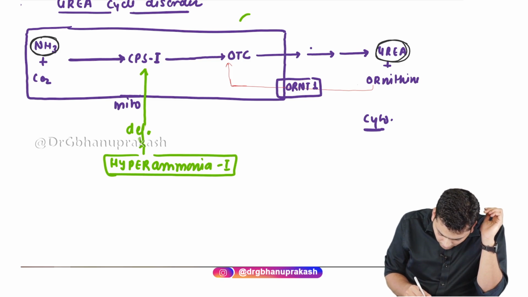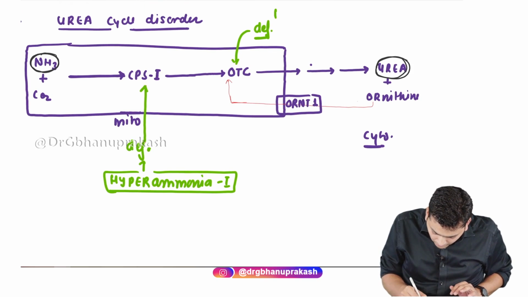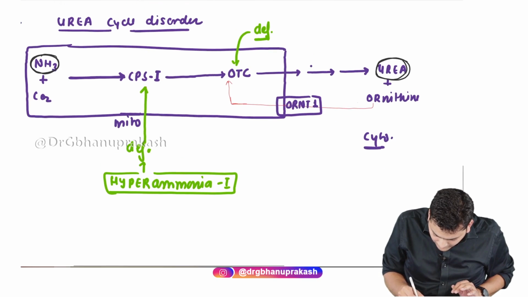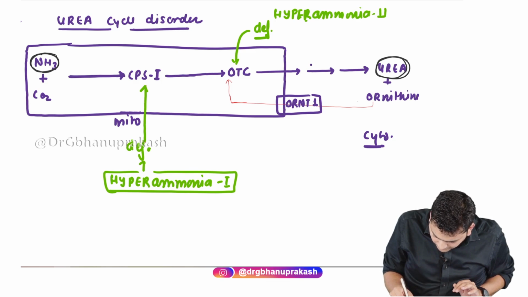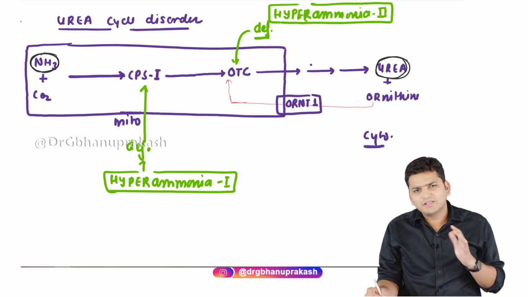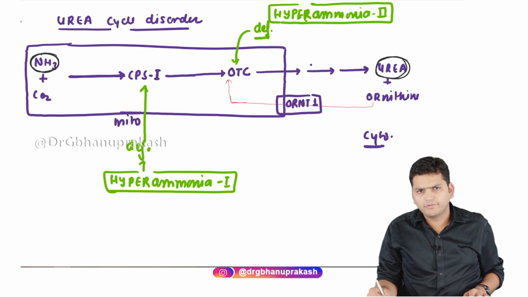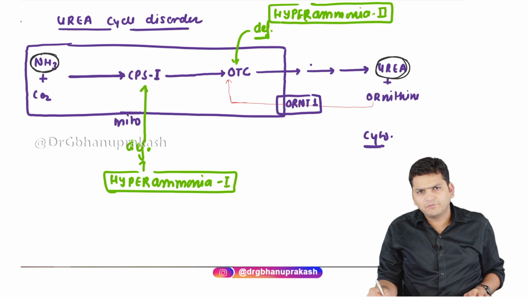If there is deficiency of ornithine transcarbamylase, again the ammonia is going to accumulate, and this will be referred to as hyperammonemia type 2. Whether there is deficiency of any of the enzymes in the entire urea cycle, it is commonly seen with the first two, CPS1 or ornithine transcarbamylase. With deficiency of either enzyme, the ammonia is going to accumulate, and that will lead to hyperammonemia.